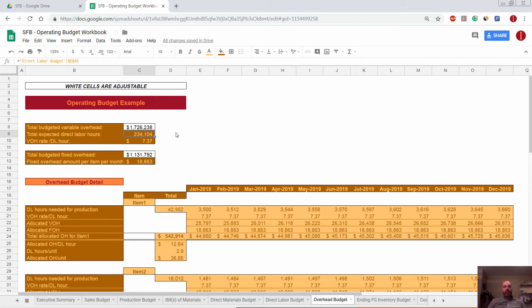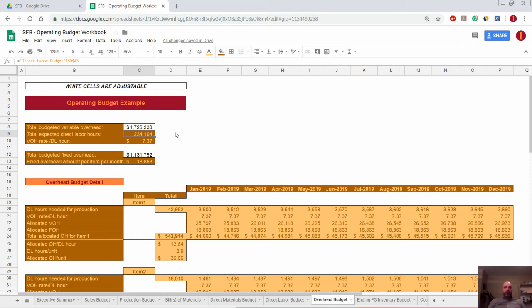And that's another thing that will be covered in a later video and later spreadsheet: an alternative method of applying overhead more accurately. It's called activity-based costing, which should be, if done thoughtfully, considerably more accurate than this.